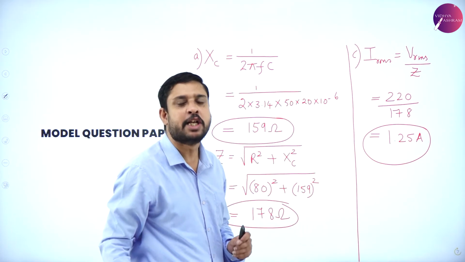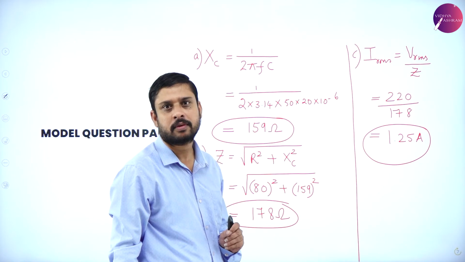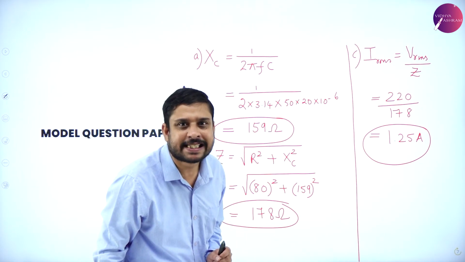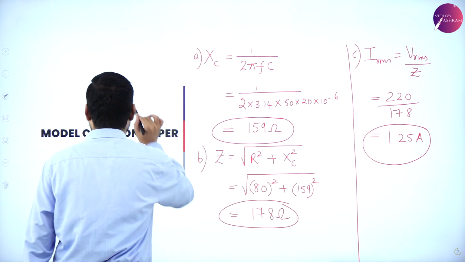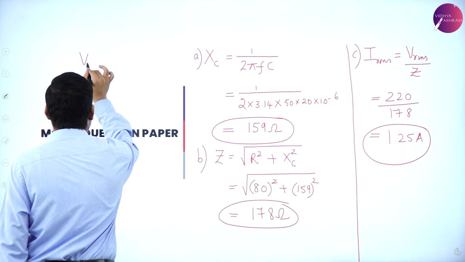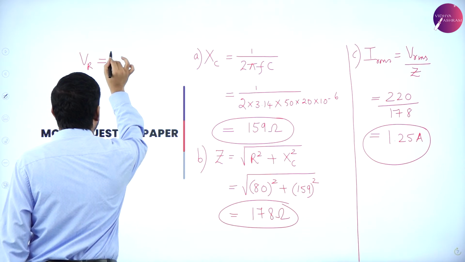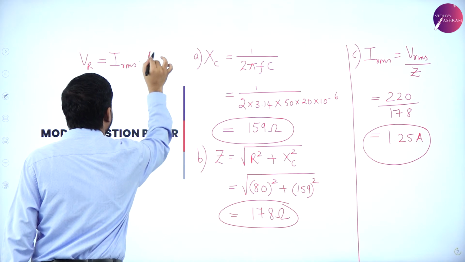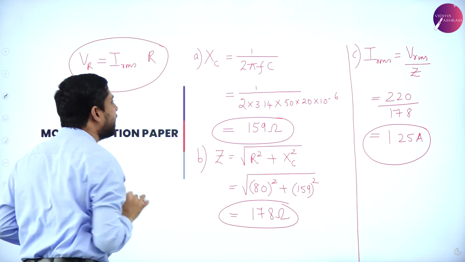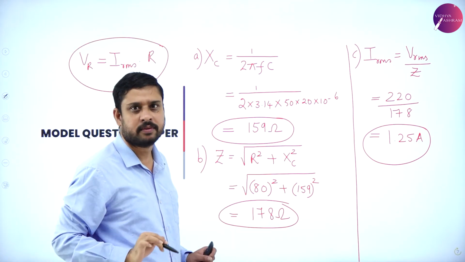Now with whatever solution I have got, I will first calculate the potential across the resistor, VR, which is IRMS into R. Basic application of Ohm's law.